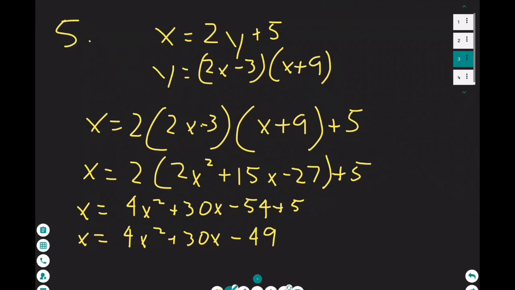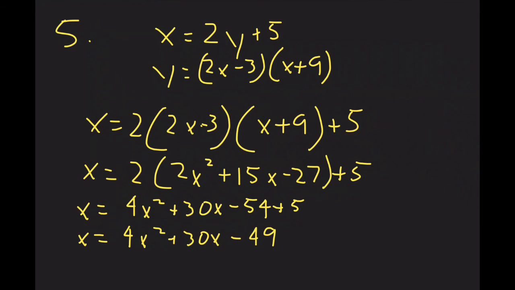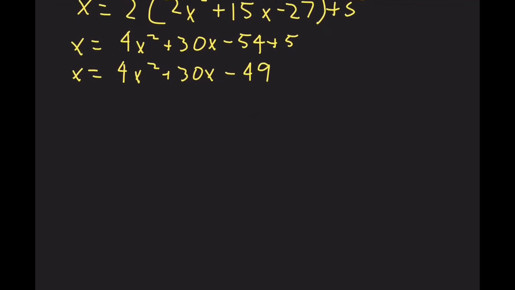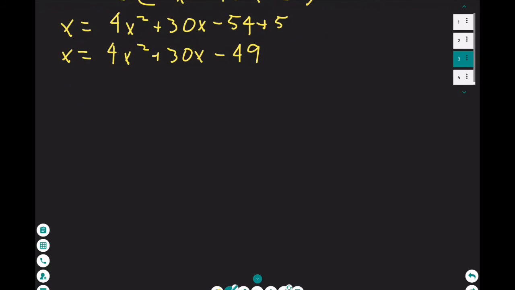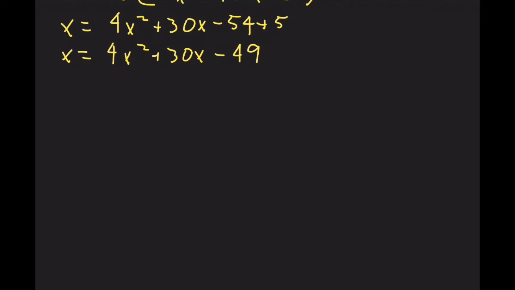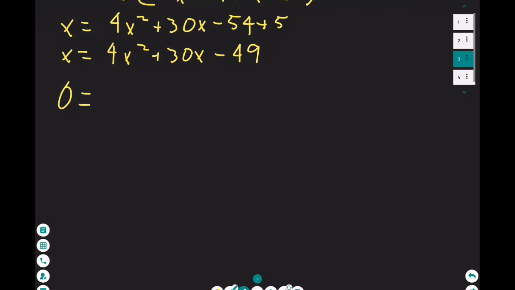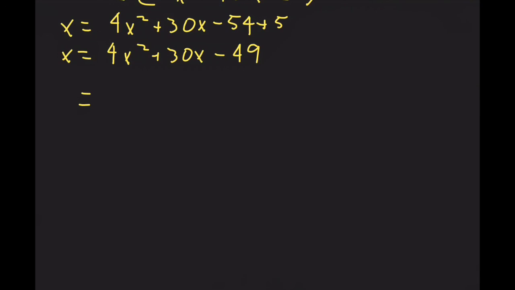Since the equation has to equal 0 to put it into the standard quadratic form, you have to bring x to the other side. Hold on, it looks like a 6. Okay, so then 0 equals 4x squared plus 29x minus 49.